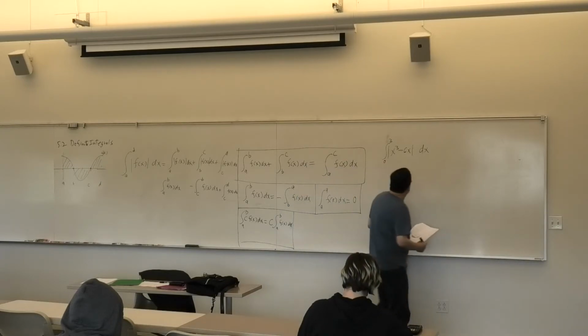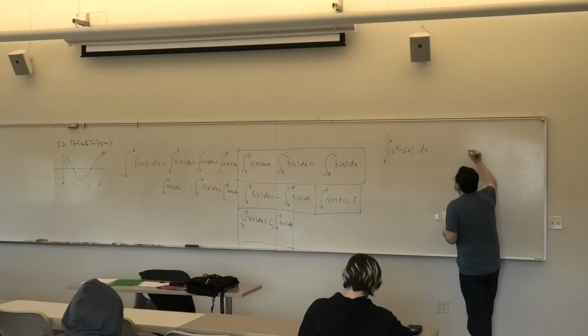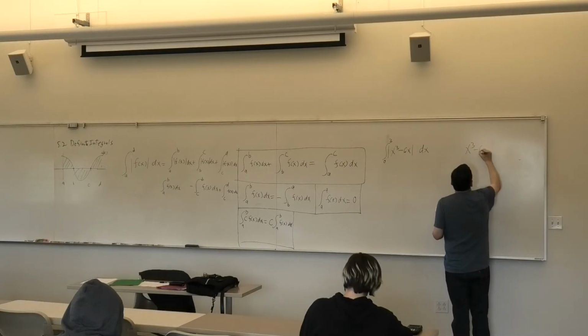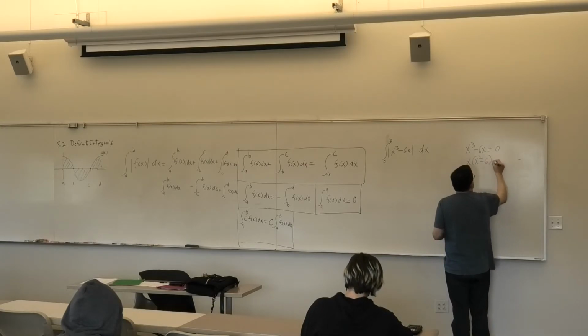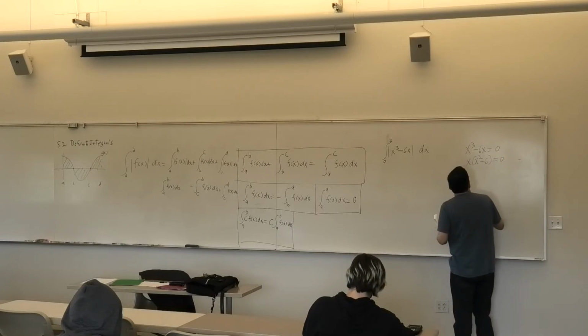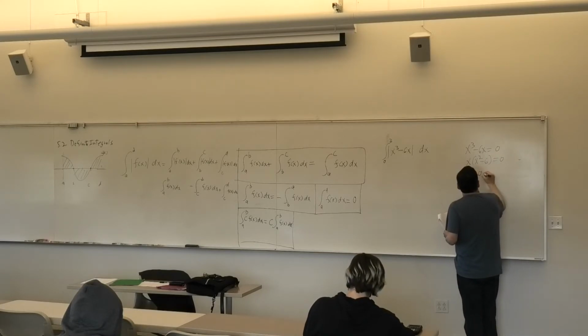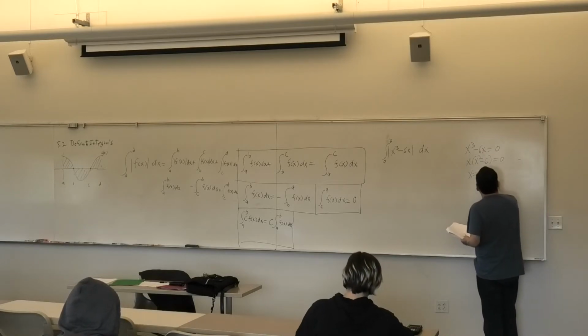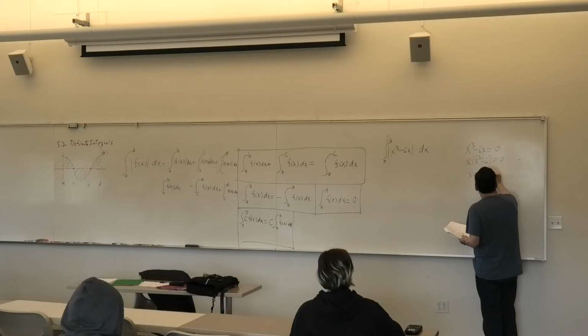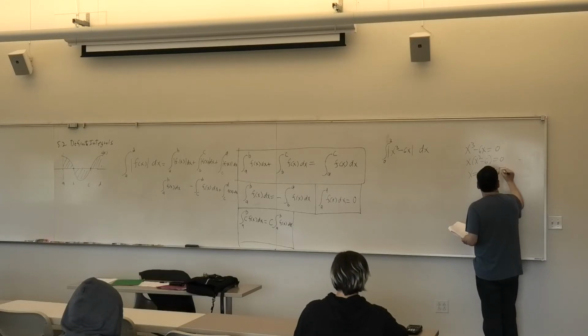Well, we have to find out where the zeros are. So this is x times (x squared minus 6). So x is equal to 0, x equals 0 makes this 0, or x equals plus or minus the square root of 6.